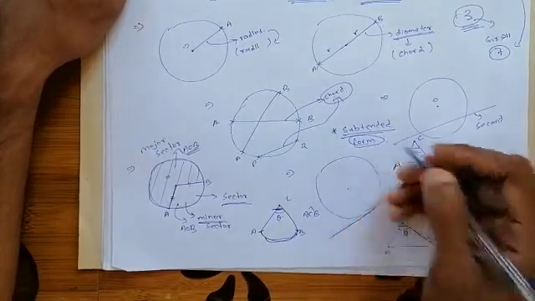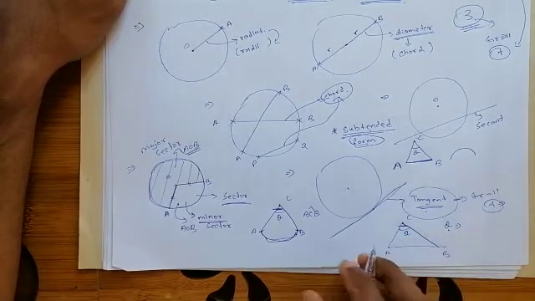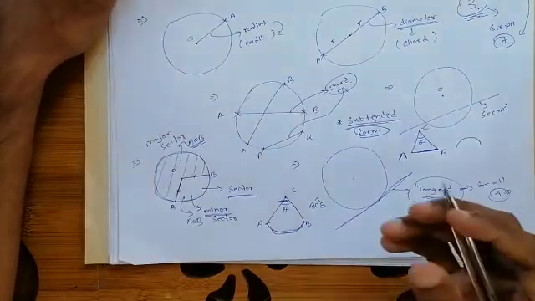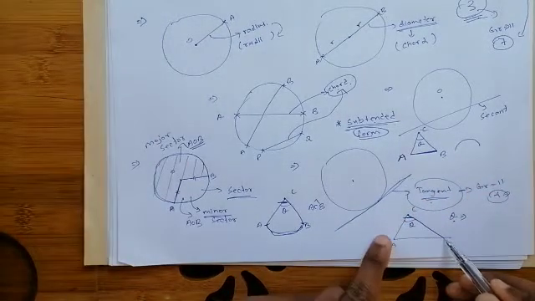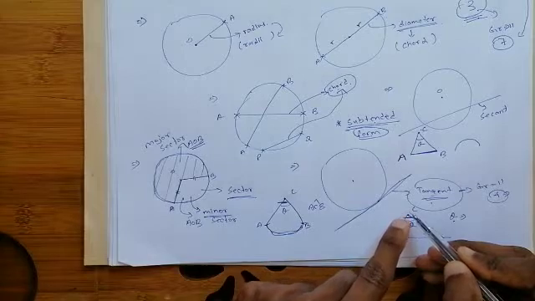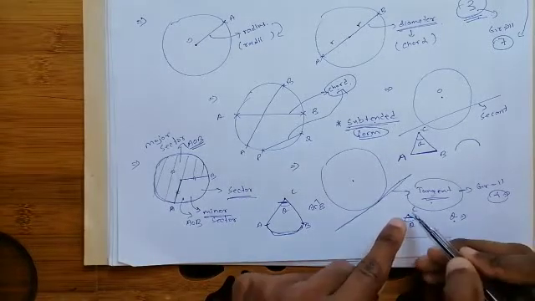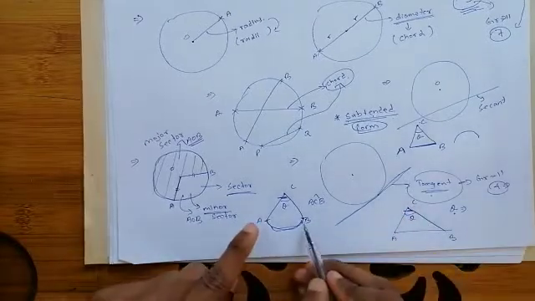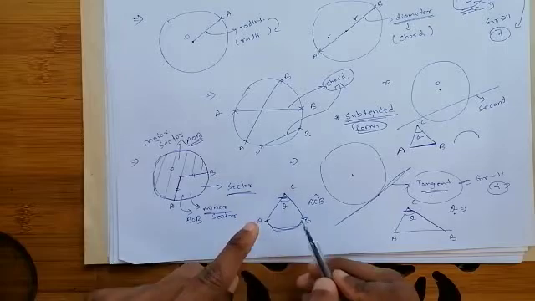Remember this word and this definition. How do we form an angle at a particular point? We connect the ending points to the particular point, whether it is a straight line or an arc.